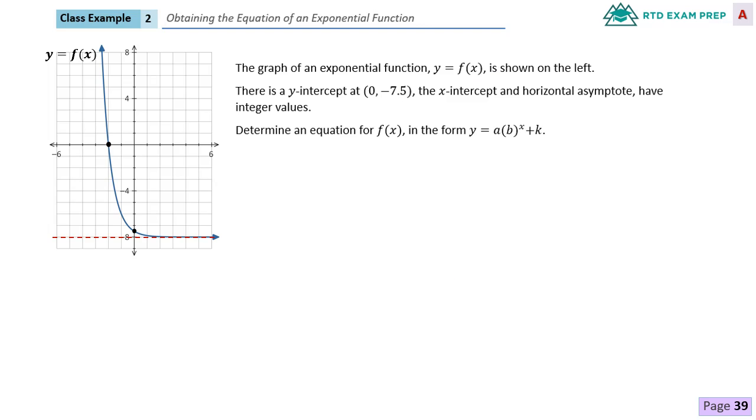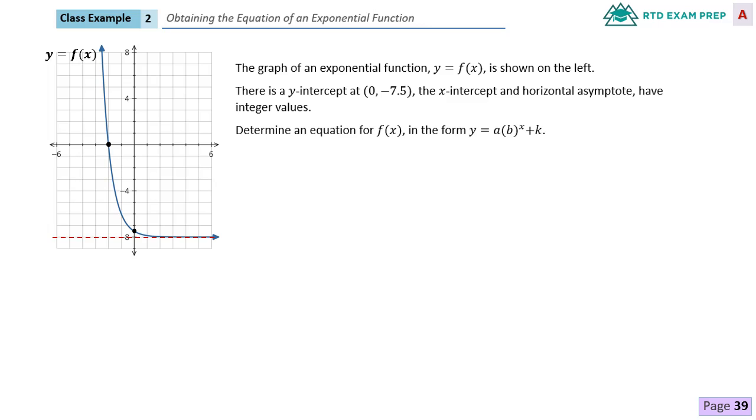Class example 2 asks us to find the equation of an exponential function given a graph and a few details. We're told that the equation will take the form y equals a times b to the x plus k. So it's important for us to know what we can find from the graph here and what we'll need to find algebraically.